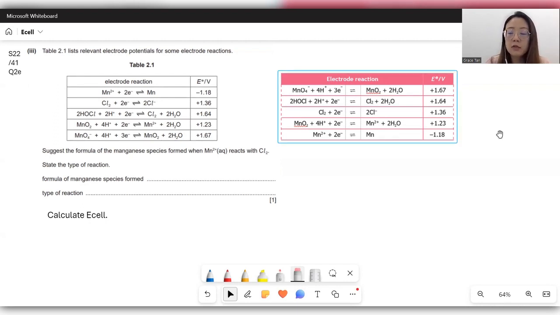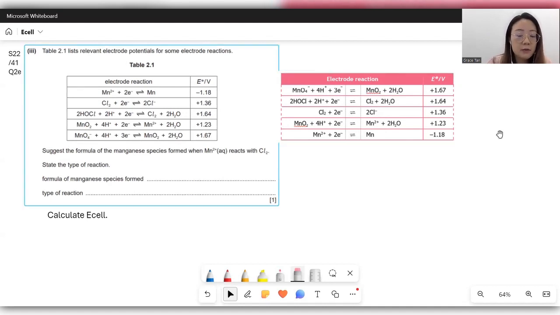I arranged from the most positive on top, positive 1.67, and decreasing all the way to the negative 1.18 section, all in decreasing oxidizing power. Normally I will play from most positive to most negative E value, so that will be easier for us to make a more accurate decision.